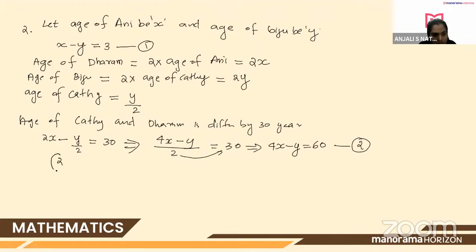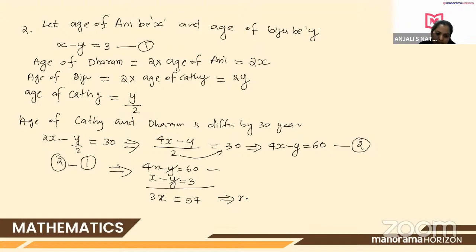So equation 2 minus equation 1, which implies 4x minus y is equal to 60 minus x minus y is equal to 3. So here we get 3x. Y and y got cancelled. 3x is equal to 57 and x is equal to 57 by 3, which is equal to 19.